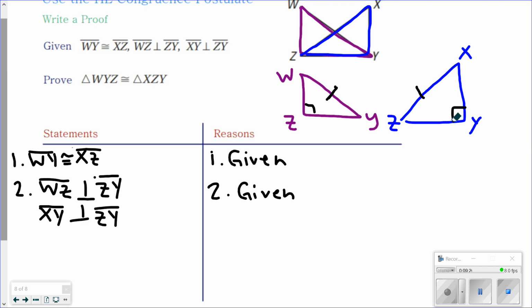All right, and then lastly, if I look at my original diagram here, do you notice that both of these triangles share a side? What side do they share? This side right here, ZY. So I can mark that. I need to make sure that I write that in my proof. So 3, I know that ZY is congruent to ZY. And what's my reasoning? The reflexive property.